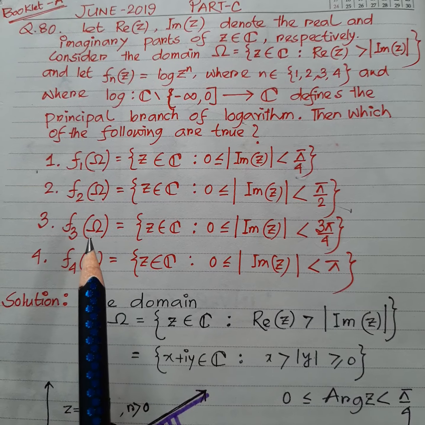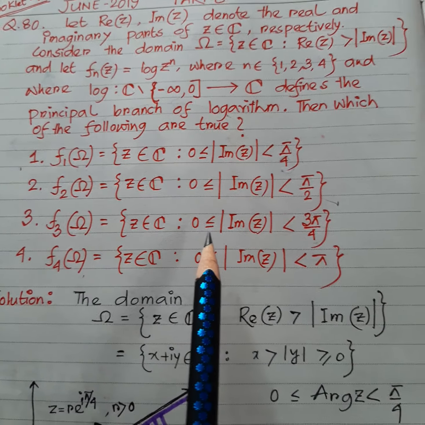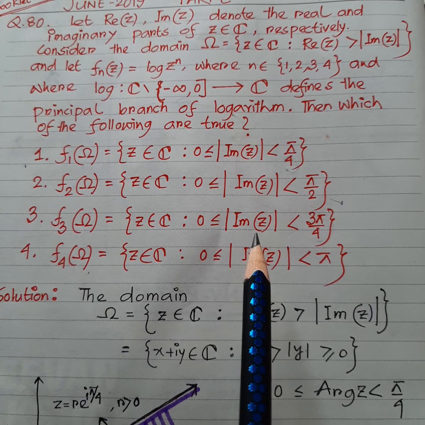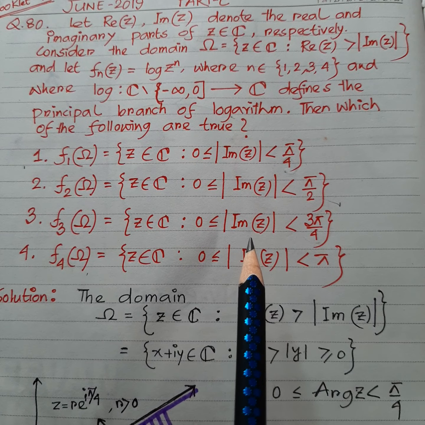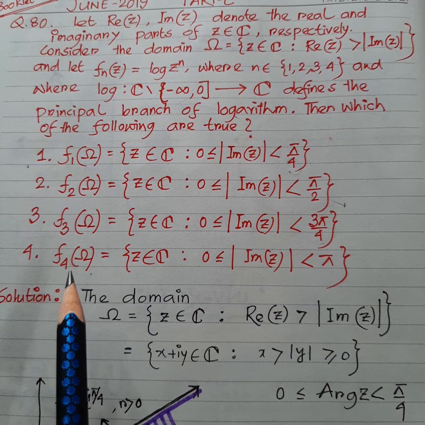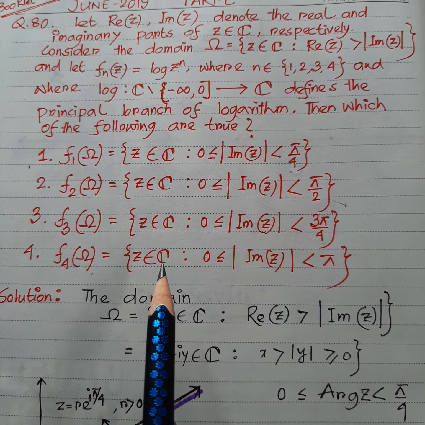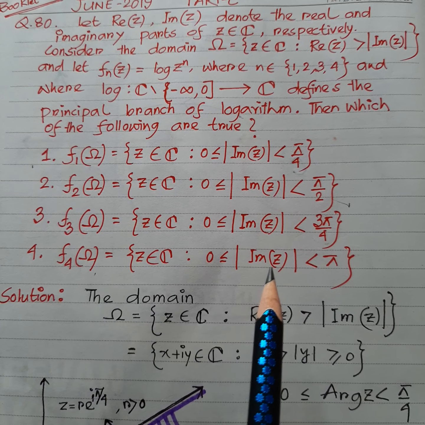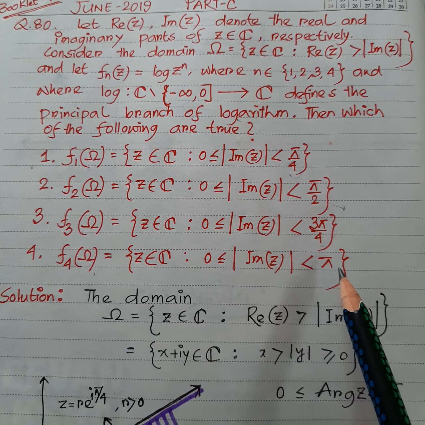Option 3: the image of Omega under f3 is z such that 0 less than or equal to modulus of imaginary part of z strictly less than 3 pi by 4. And the last option: f4 of Omega is z belongs to C such that 0 less than or equal to modulus of imaginary part of z strictly less than pi.